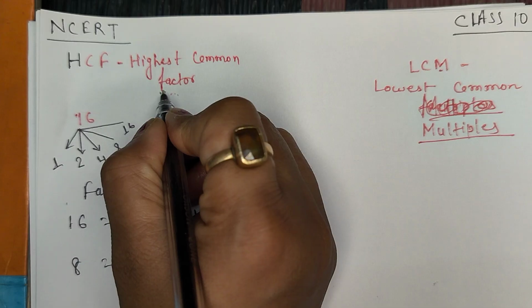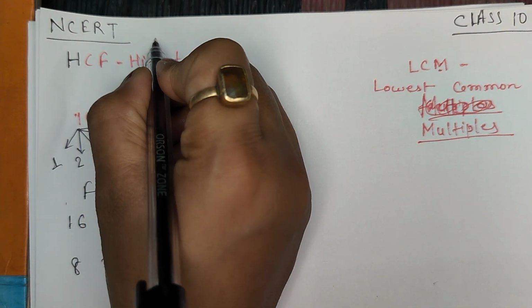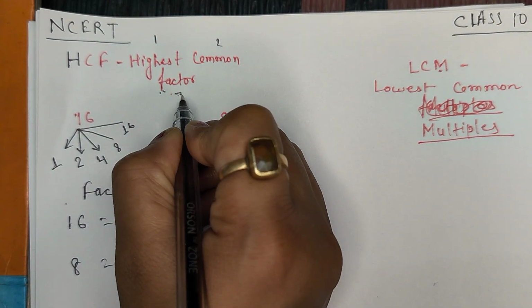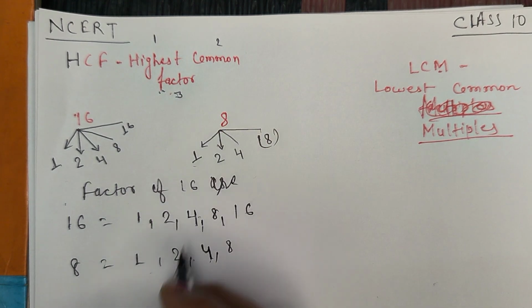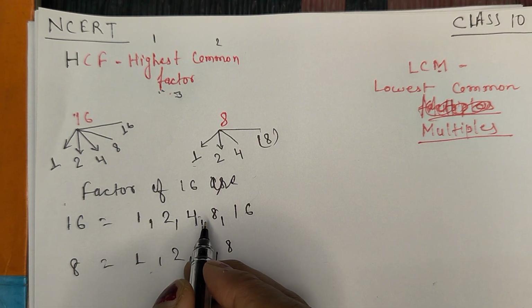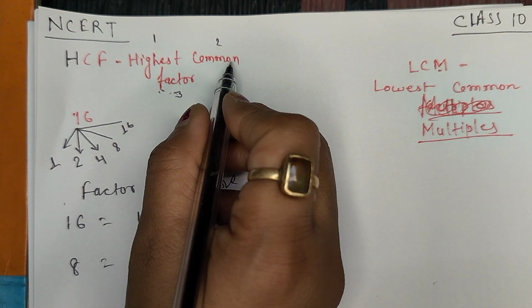This part is complete. You can see there are 3 words. The third word, factor, is completed. The second word is common.